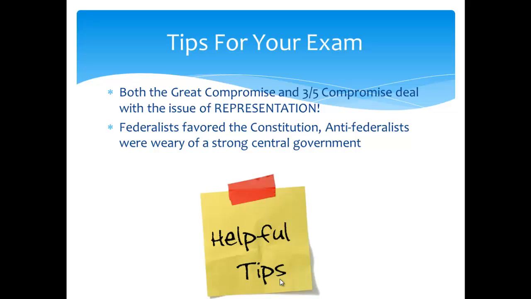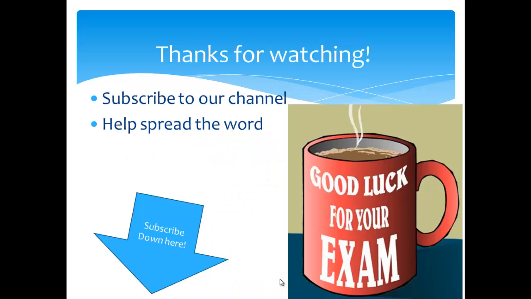Anti-Federalists were very wary of a strong central government. So very important to keep in mind this debate, because this debate will continue through much of American history, if not to today, the role of government in our daily lives. And also be able to recognize the word bicameral and understand that it means a two-house legislature, and we see that today as Congress.